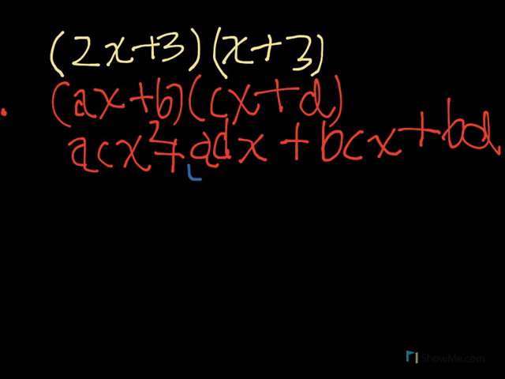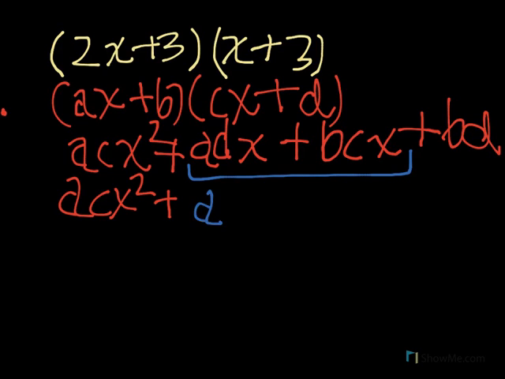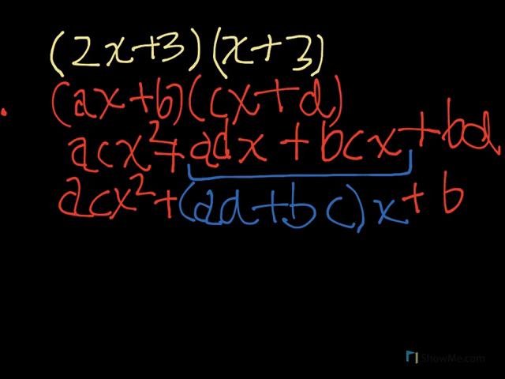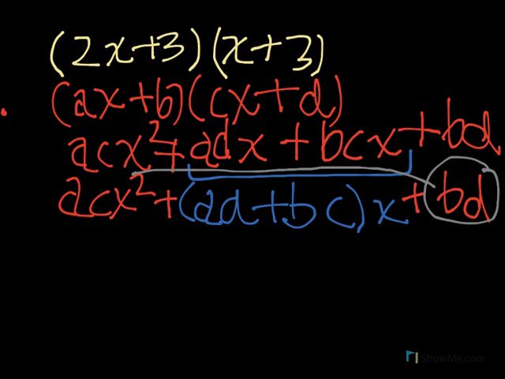Now I can add these two as they are like terms. So we get acx squared plus (ad plus bc)x plus bd.